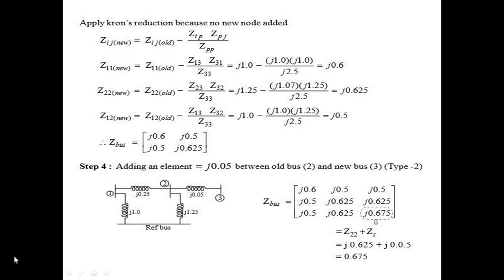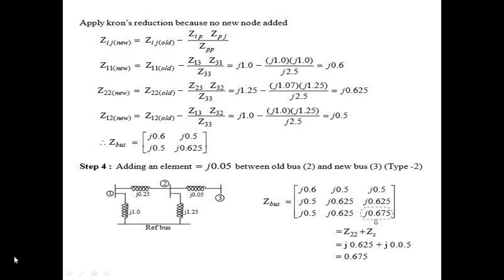Then Z22 new is equal to Z22 old minus Z23 into Z32 divided by Z33, equal to j1.25 minus j1.25 into j1.25 divided by j2.5, that is equal to j0.625.